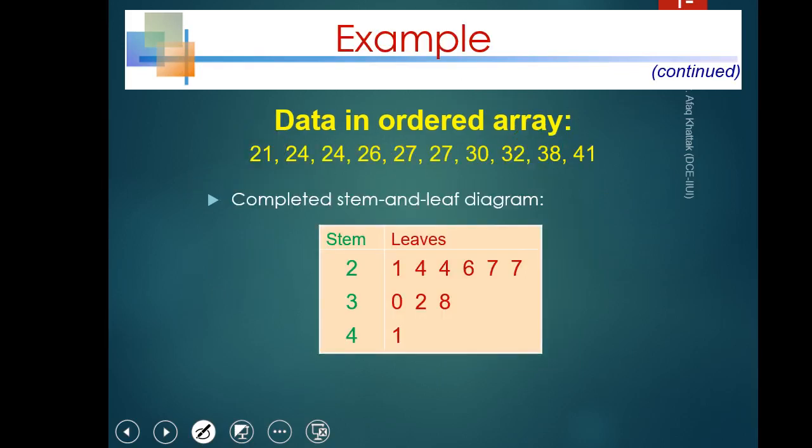So if we order this whole data, this will give us a result like this. On the stem side we have 2, 3 and 4, and the trailing digits on the leaf side. For 41, on the stem side we write 4, and on the leaf side we write 1.